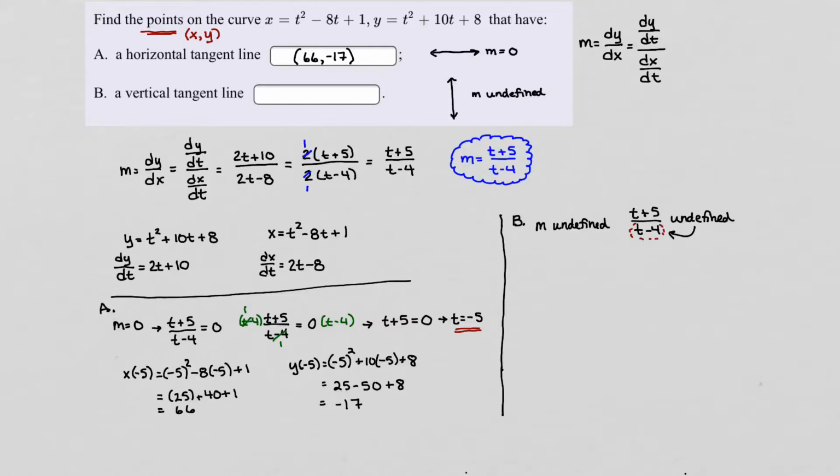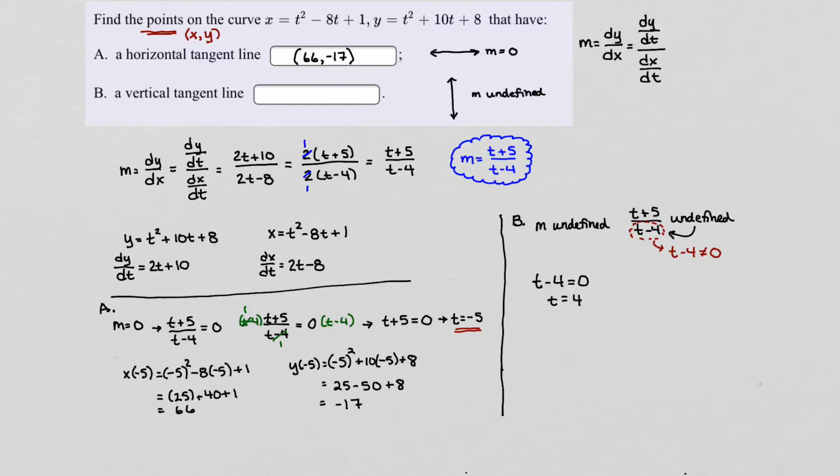So specifically, we're looking for the places where our denominator is 0, because if it's 0, it gives us a value that's undefined. And that's occurring when t is 4. So when t is 4, this rational expression is undefined, and that makes our slope undefined, which means we have vertical tangent lines.